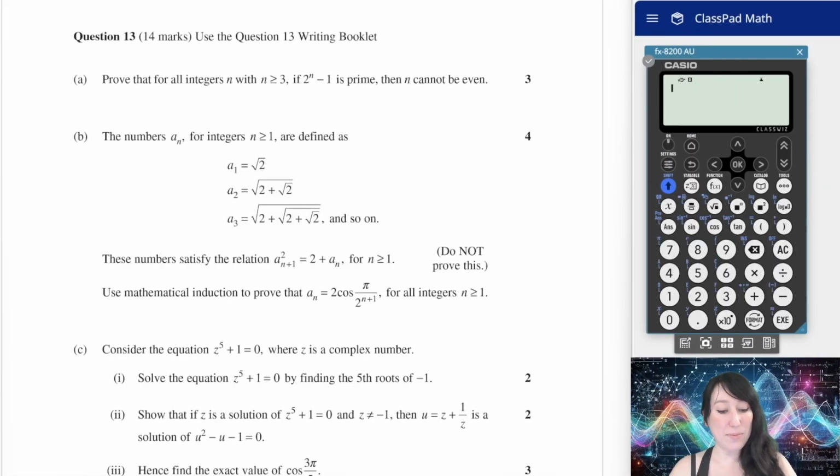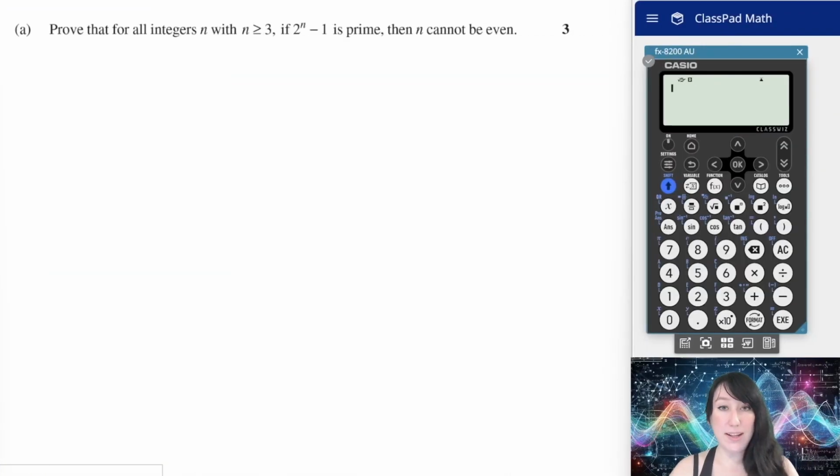Question 13a. Prove that for all integers n with n greater than or equal to 3, if 2 to the n minus 1 is prime, then n cannot be even. So let's simplify what we have to prove.